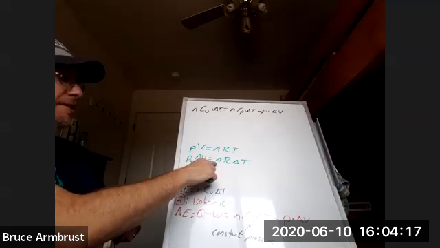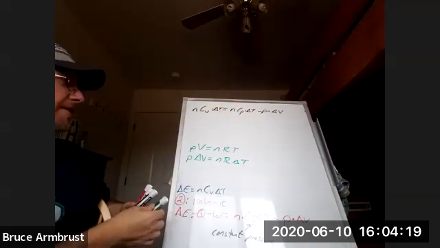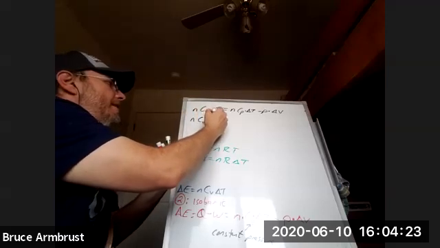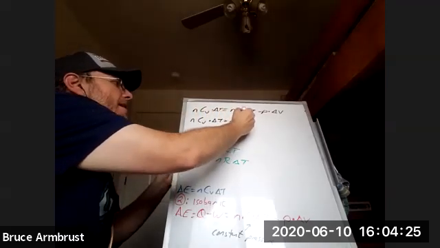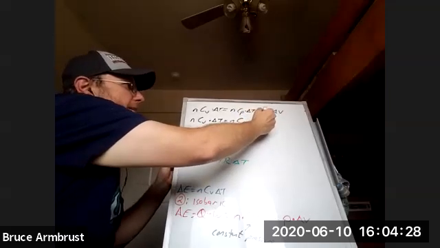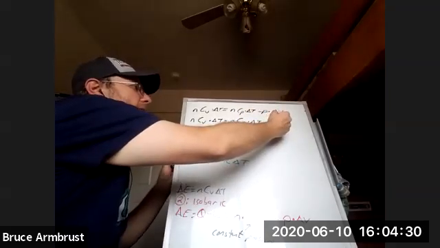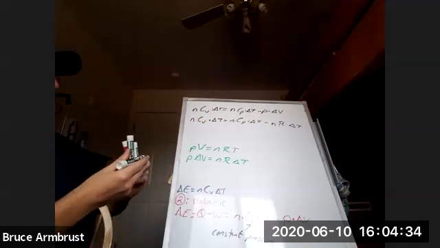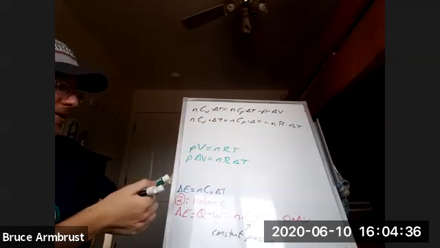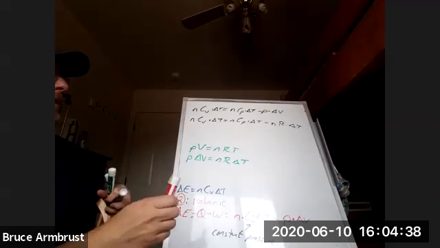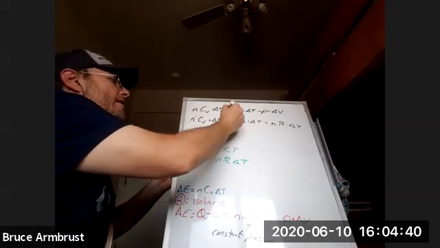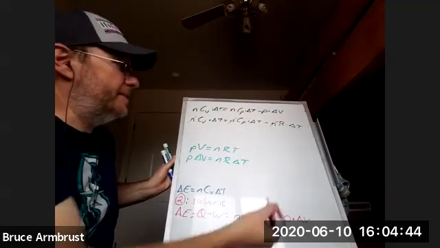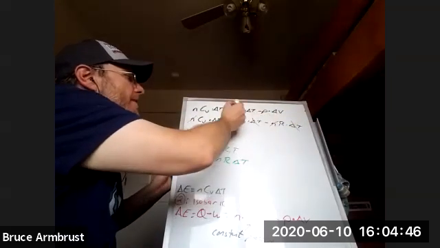Well, let's put that in for P times delta V. So we get n times CV times delta T equals n times CP times delta T minus n times R times delta T. And now we get to crack out our red slashing pen, because there's an n in each of these and a delta T in each of these.